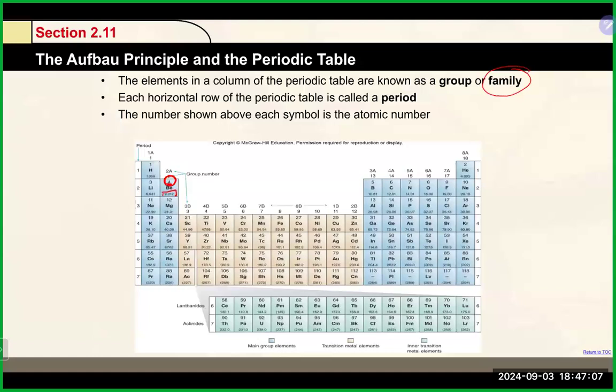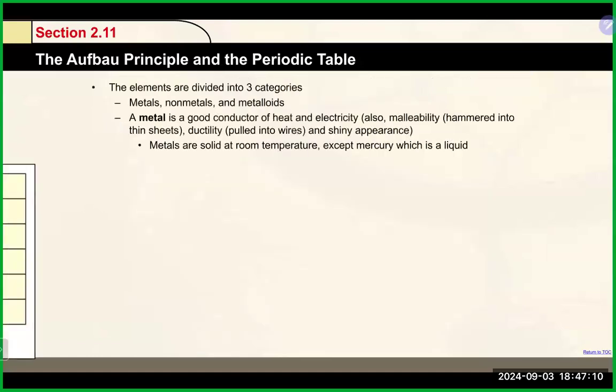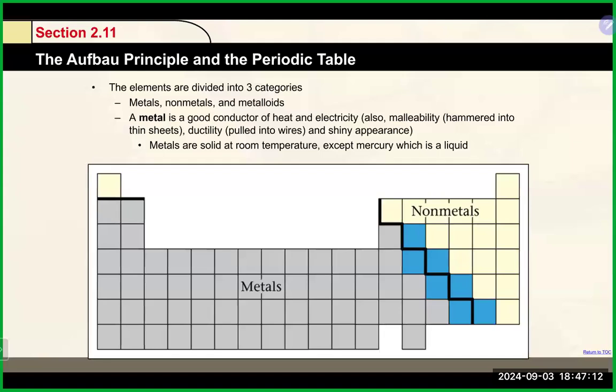When we look at the periodic table, it is basically broken up into 3 parts. There are metals, there are nonmetals, and there are semi-metals. And usually on most periodic tables, people draw the staircase. As you can see on that one, they drew it in pencil or so.